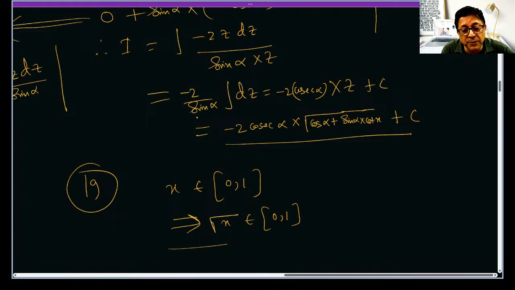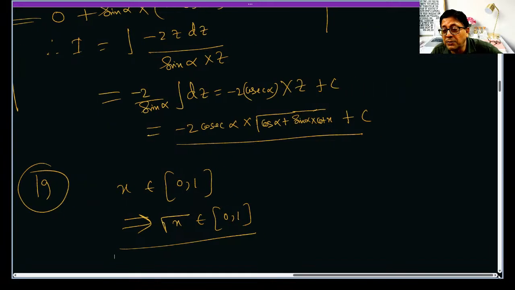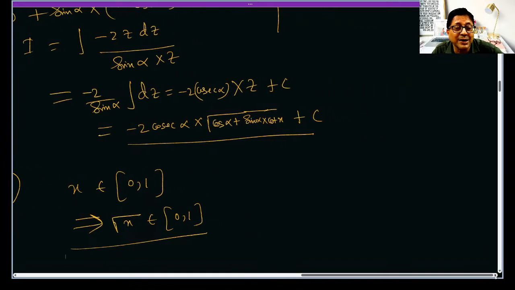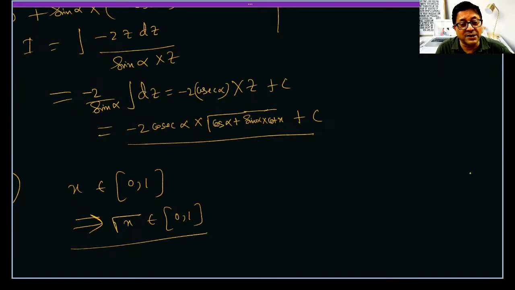Your sum starts from here. Never make the mistake of writing this. You will be losing marks there. As I was involved with the correction process thoroughly, I know it very well. X belongs to (0, 1) implies root x belongs to (0, 1). With this step your sum starts.